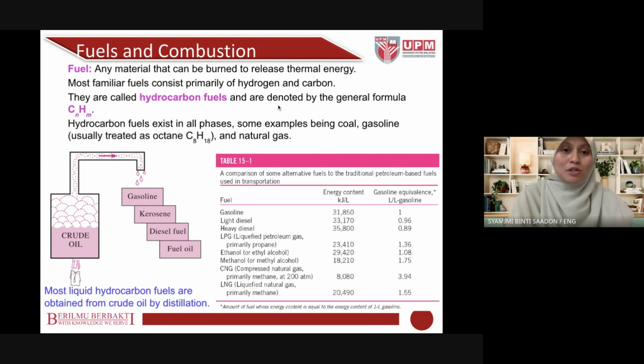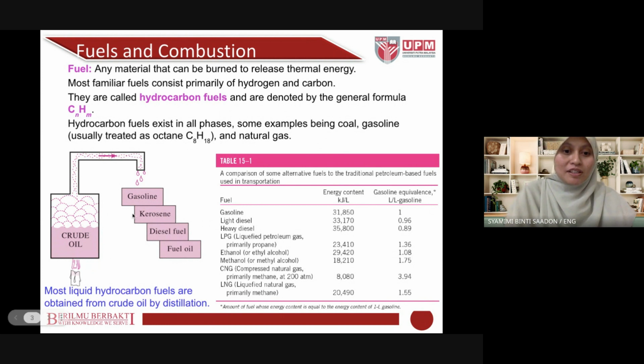Some examples of hydrocarbon fuels are coal, gasoline, natural gas, etc. They have their own notation. For example, octane is C8H18. The one that we usually see is methane, CH4. The chemical compound is written like that.